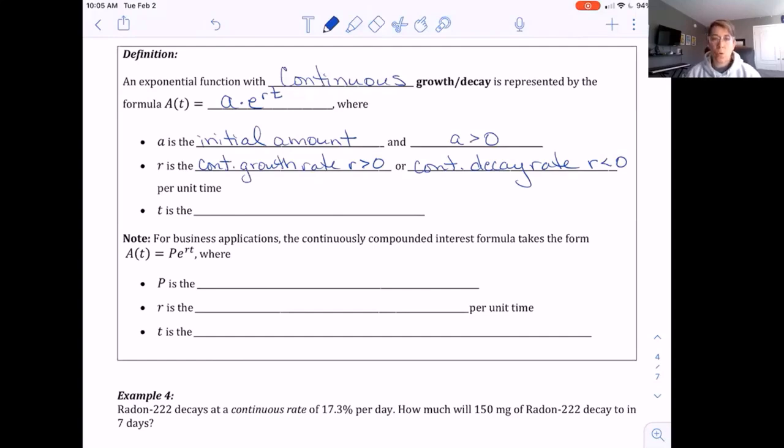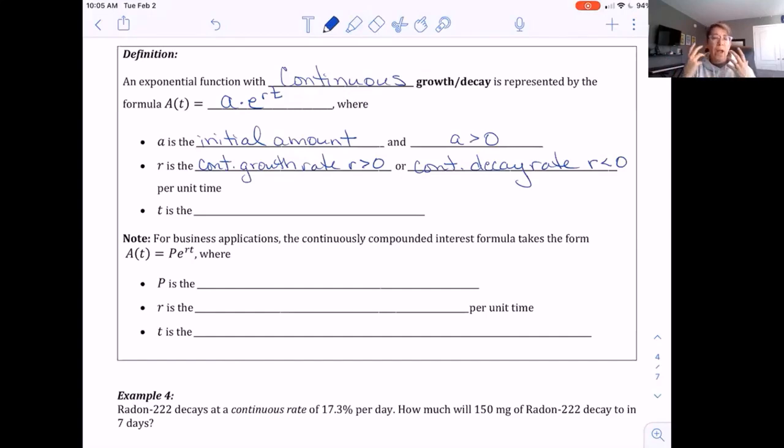So when we talk about continuous growth or decay, think of it in terms of like a compost, or if you're trying to carbon date material that you found in an archaeological dig, it is constantly decomposing. Unlike compound interest, you only get interest every month, or every 3 months, or every year. But some things just continually grow, like plants, right?